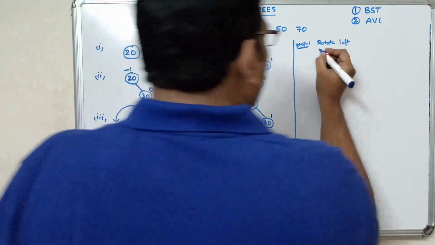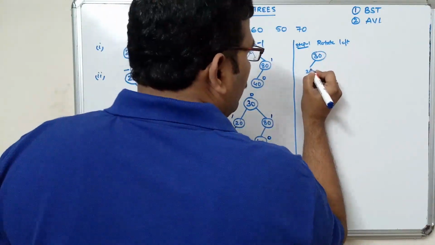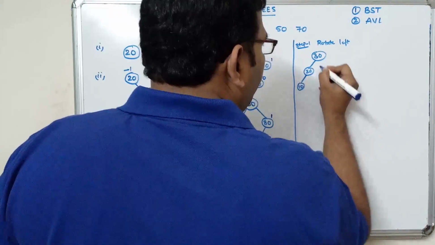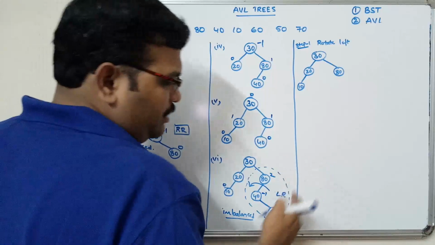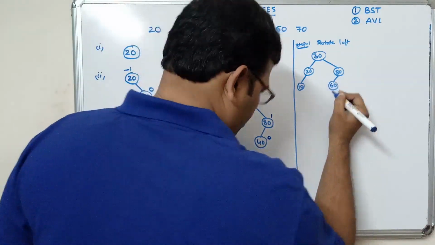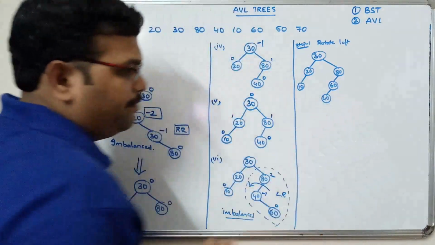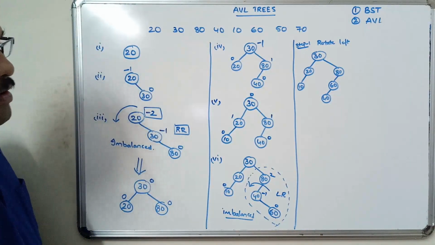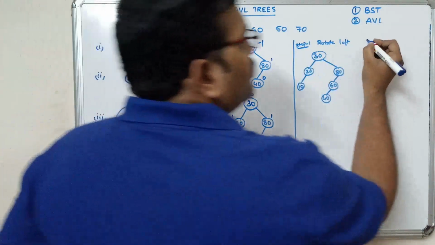After applying this one, we'll get 30, 20, 10, 80. Now after rotation, 60 will become here, 60, 40. Right? So this is the first step.